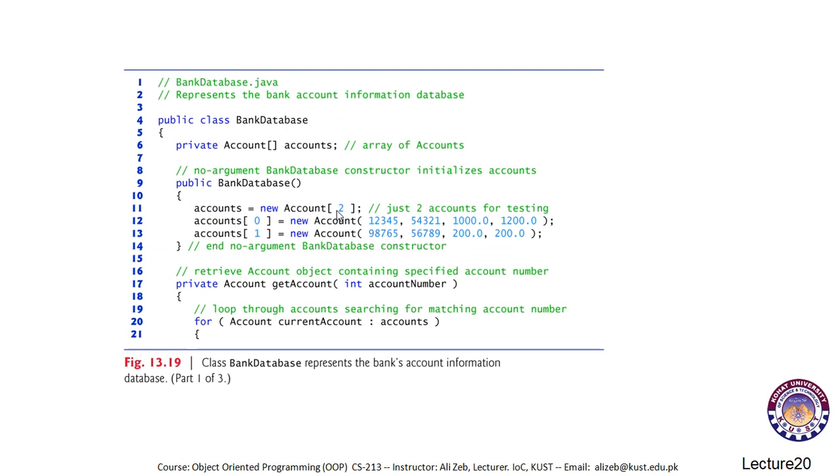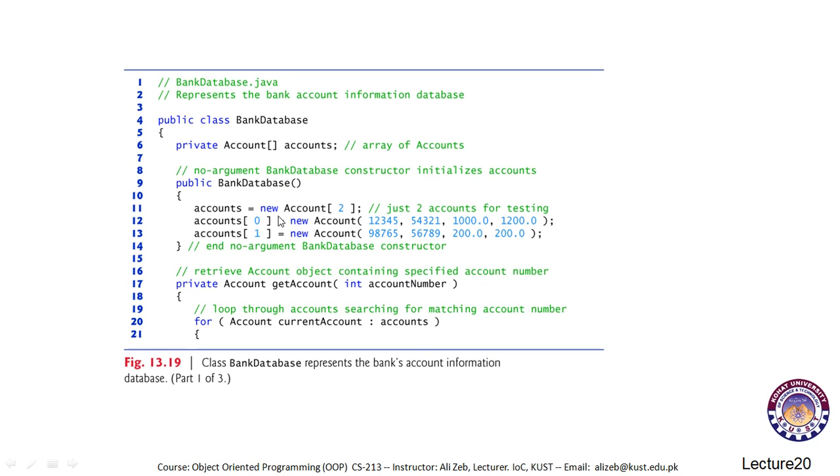The BankDatabase class. As we can see over here, and we have used it previously, we can create an array of our objects, and in this case, since our bank database is supposed to have multiple accounts, we can have an array of accounts. Initially, for example, we have 2 accounts in our bank database.